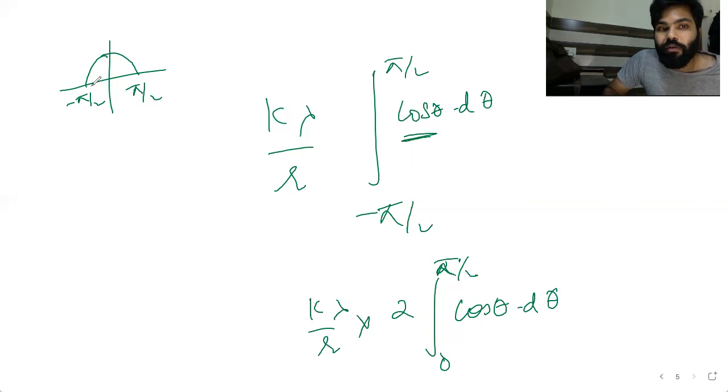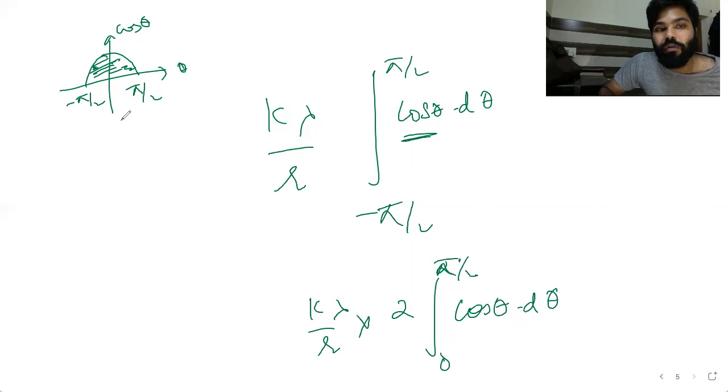When you integrate the function, this is cos theta, and this is theta. When you integrate the function from minus pi by 2 to pi by 2, you will get the area under the curve, like this is the result when you integrate cos theta.